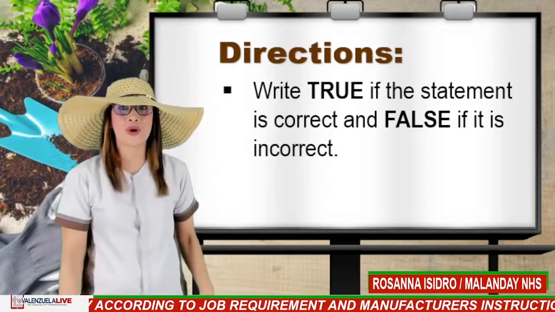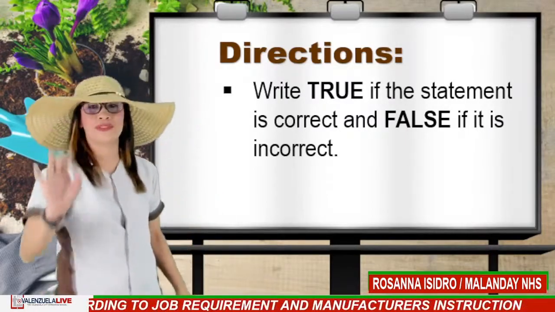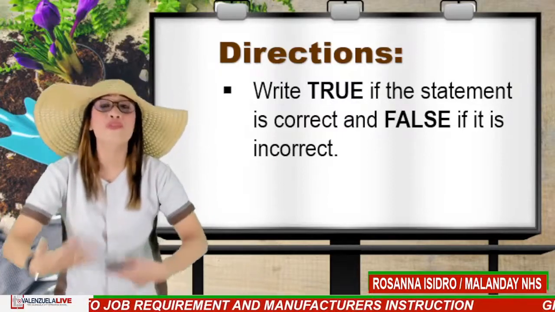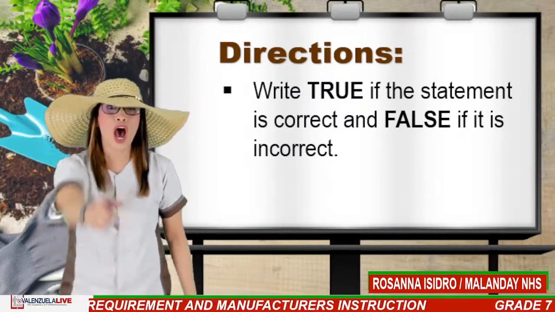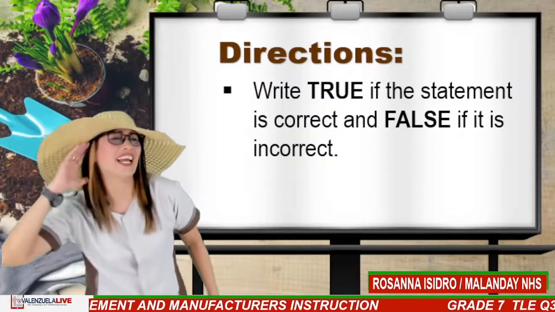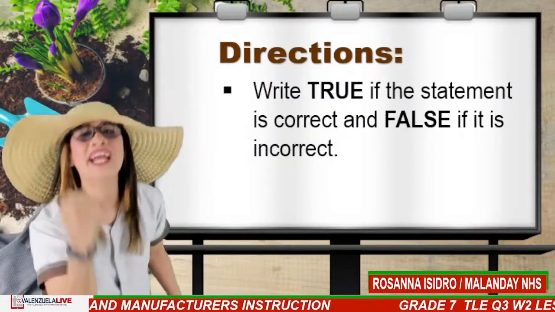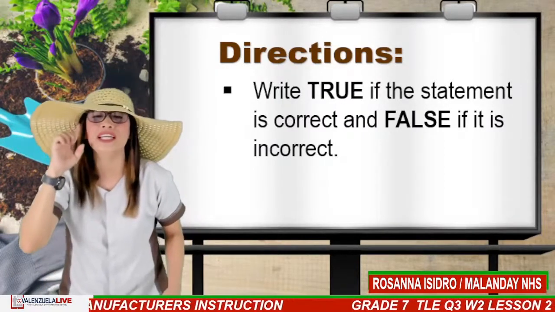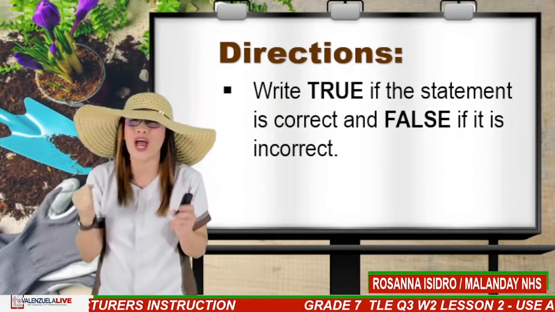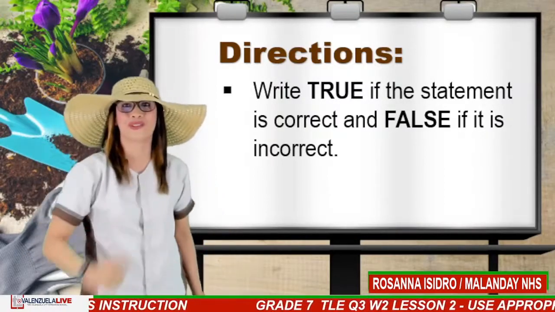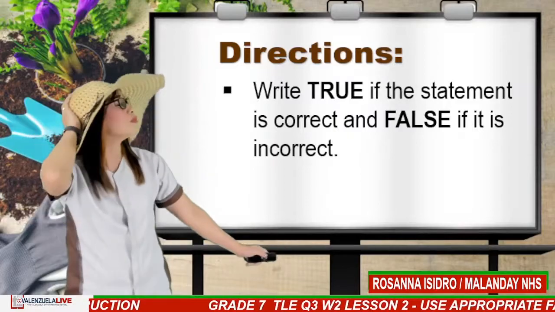You have only 5 seconds to answer every question. Are you ready? I can hear you. Great. I can see that you are so very excited. Let's go. Number 1.